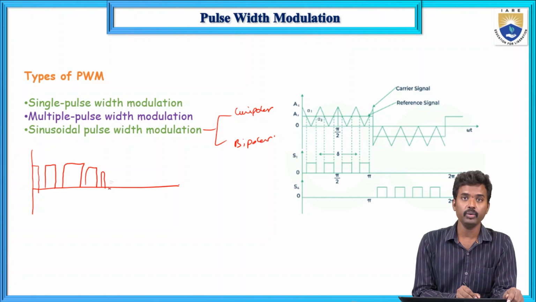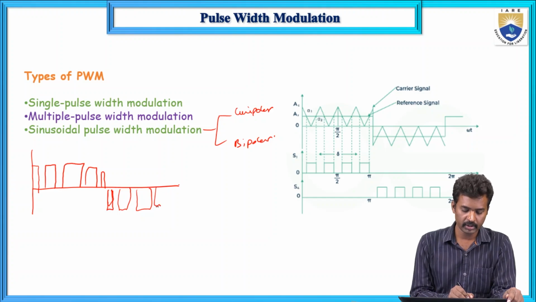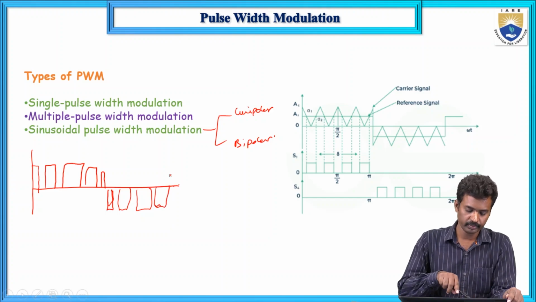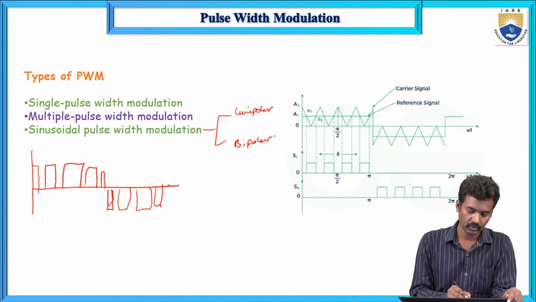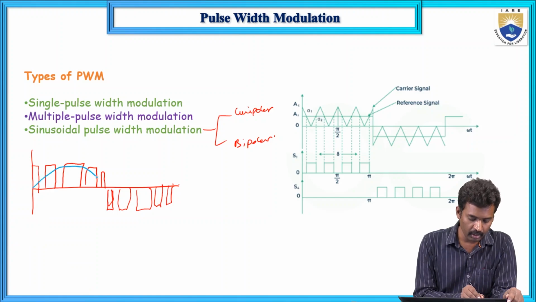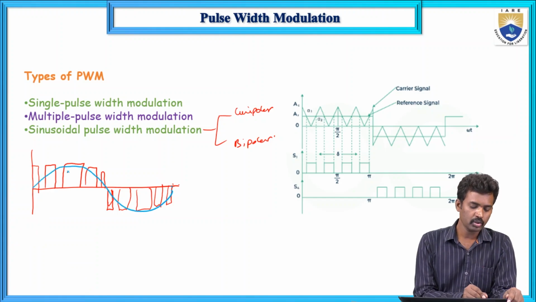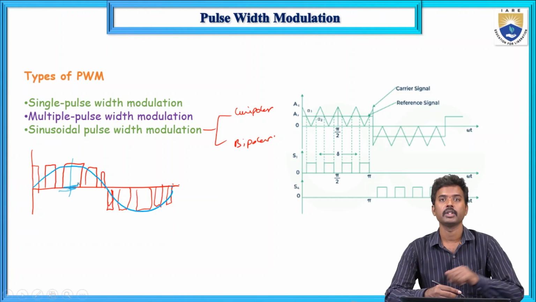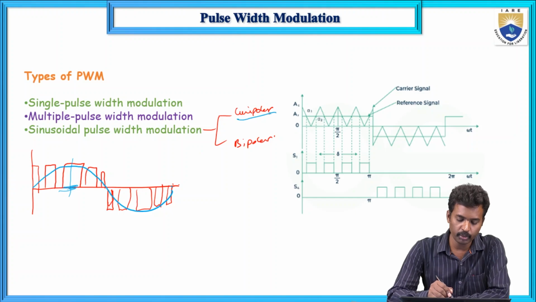In the negative half it is the same, again increasing some pulses and then decreasing. Let me change the color over here. So this is the sinusoidal pulse width. At pi by 2 we get more pulse duration. So this is the unipolar pulse width.